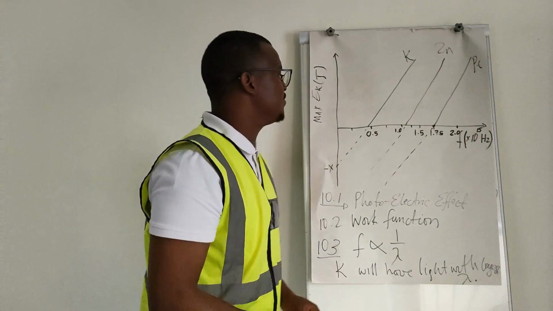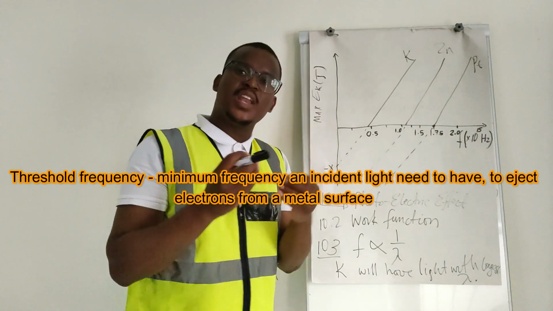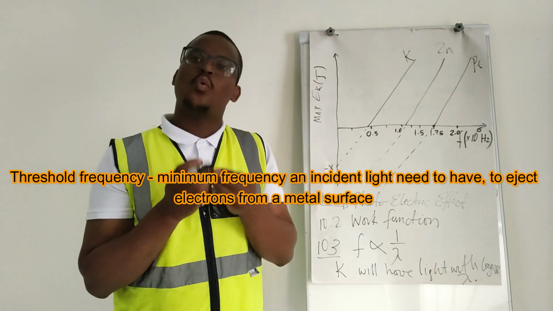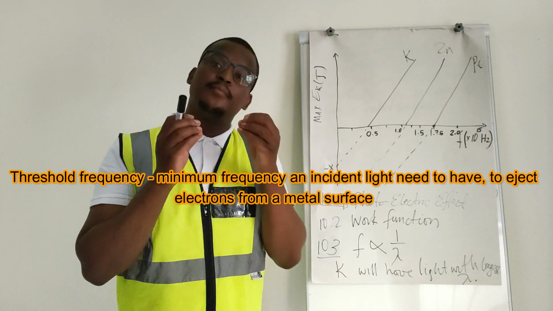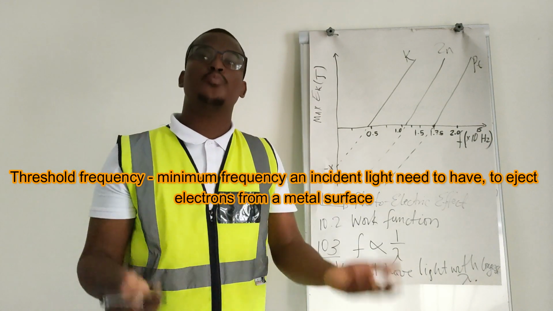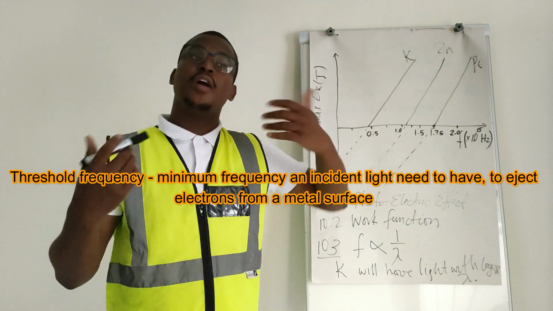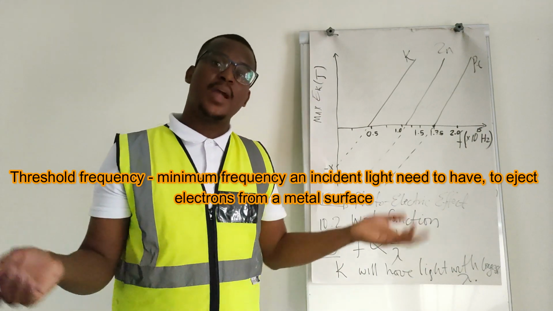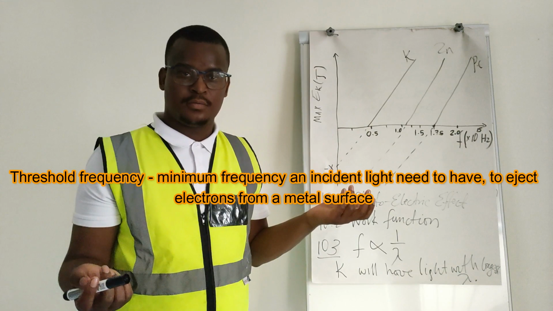We do have our threshold frequency there, which is the minimum frequency required for electrons to be emitted from a metal surface. This is our threshold frequency. So if you have a threshold frequency, you are able to calculate the work function.